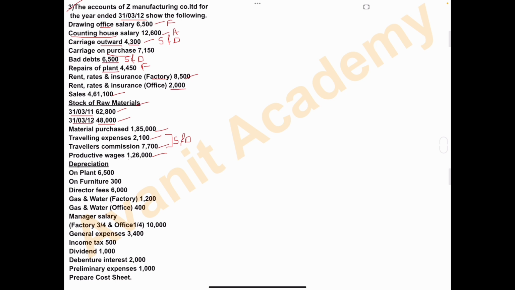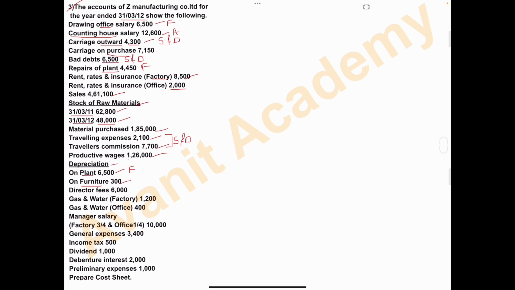Next one is depreciation. Depreciation on plant is 6,500. Depreciation on plant we take under factory overhead, because plants are used in the factory. On furniture, rupees 300.